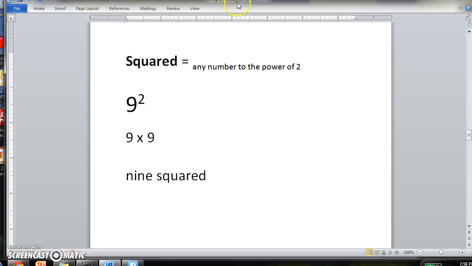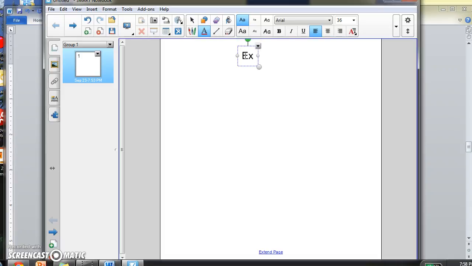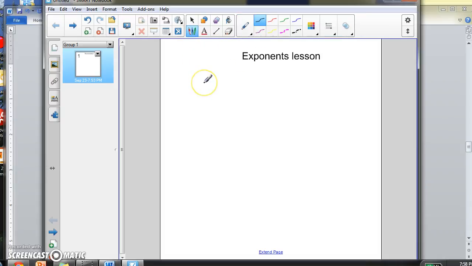All right, now we're going to move into using exponents in math. So this is our exponents lesson, and we're going to start working with exponents. So first off, if I had 3 times 3 times 3 times 3, I would figure out what is my base number.